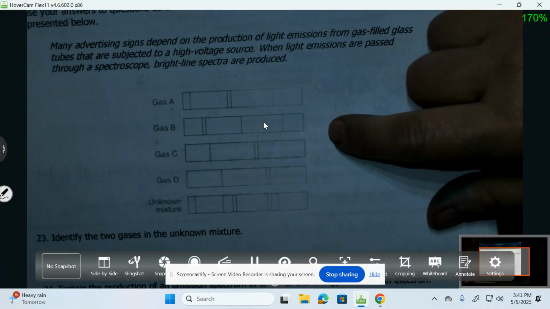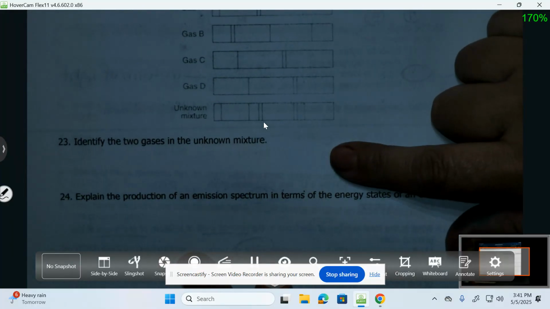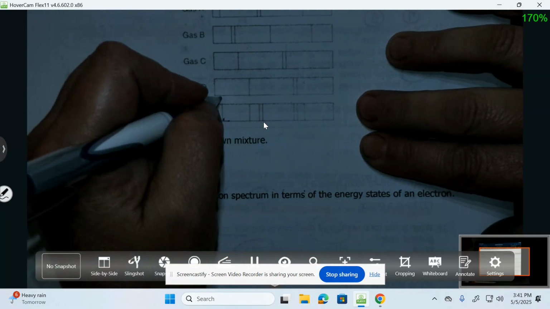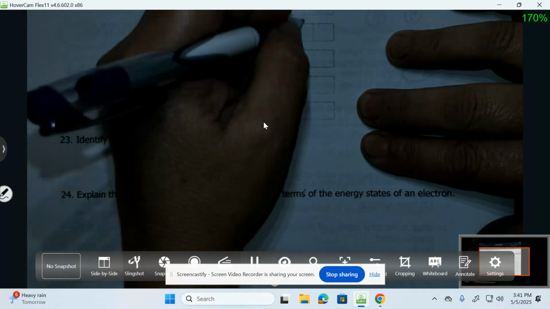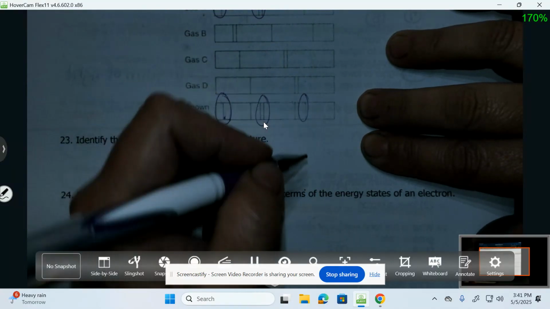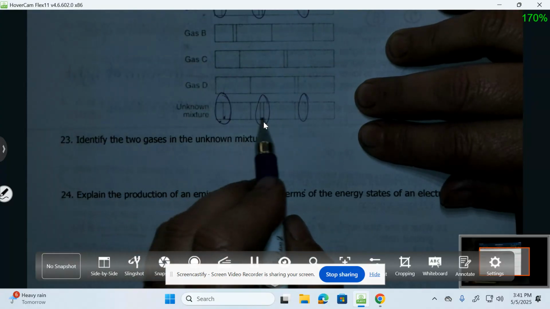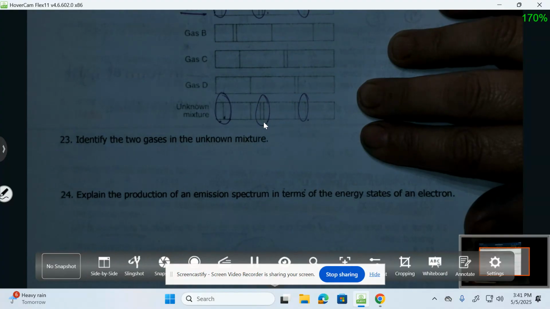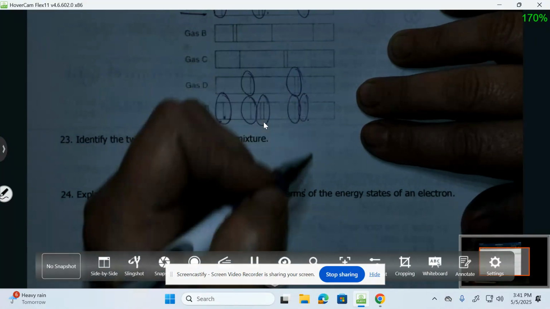All right. This is a popular question here. Identify 2 gases in the unknown mixture. Look at the unknown mixture and match them up. Here and here, right? So these lines match up with gas A. So we know gas A is in the mixture. And this line and these 2 lines match up here.